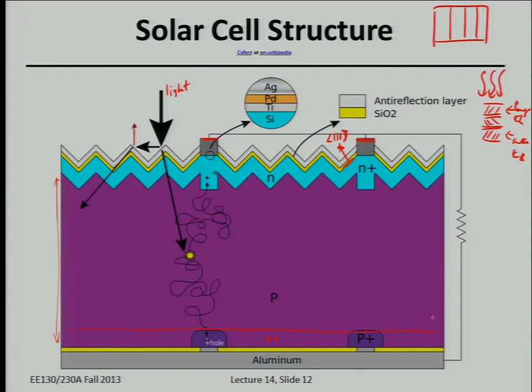If it's glass, thin film, then it might be only microns thick. But that's a good reason: there might be some light that hasn't generated electron hole pairs yet, and you don't want it to escape the backside. You want it to reflect back in and have another chance of generating electron hole pairs. So that would make sense.